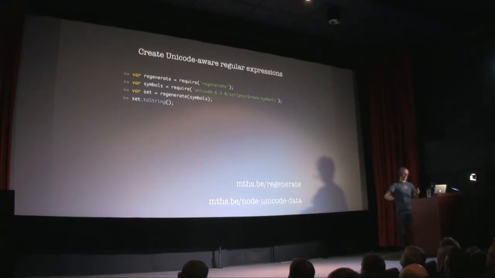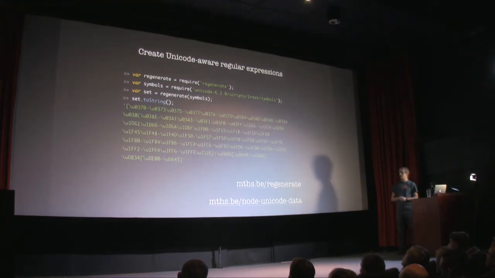So here we're getting an array of all the Greek symbols with all the strings in there. We store that as the variable symbols. Then we pass that to regenerate, create a set based on that array, and then we call toString on that, and that gives us this regular expression. Again, not something that you would enjoy writing by hand, but the script, those 4 lines of code, that's really easy. It couldn't be easier, really.